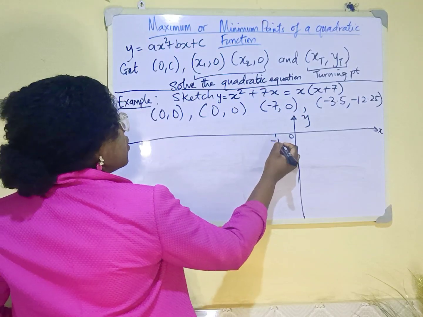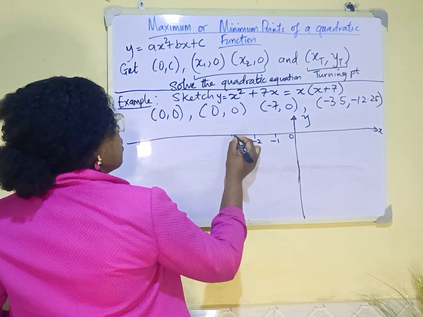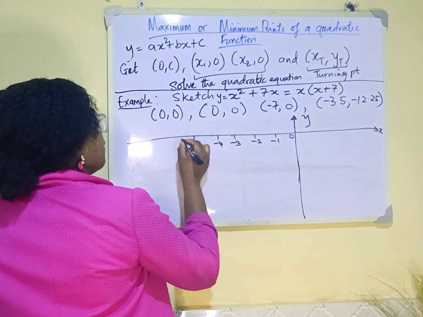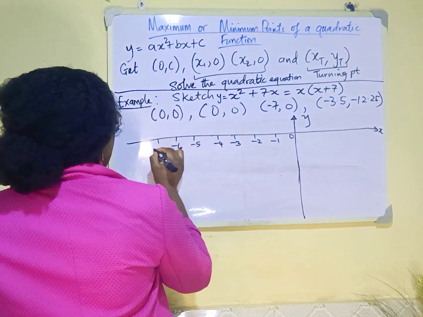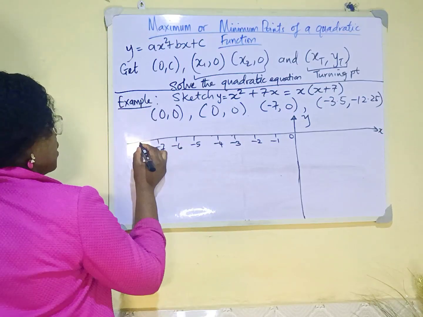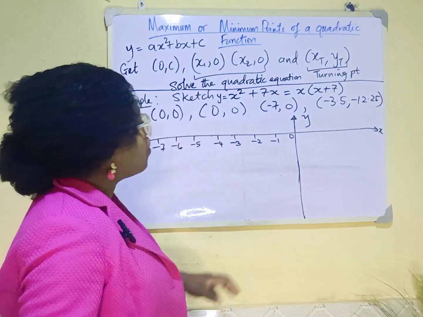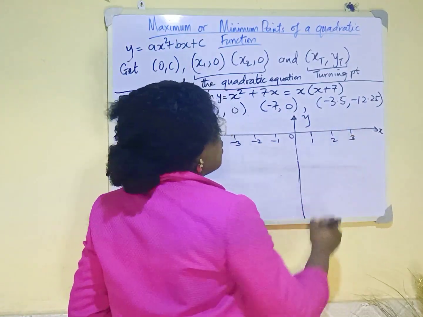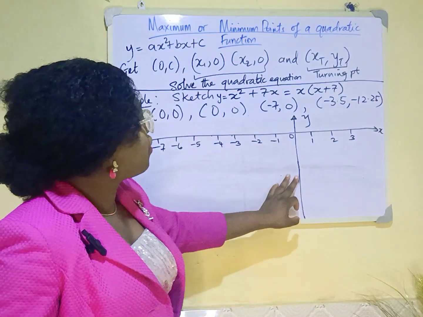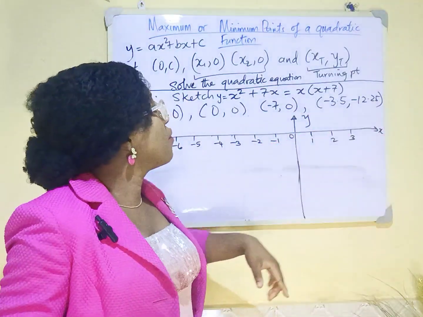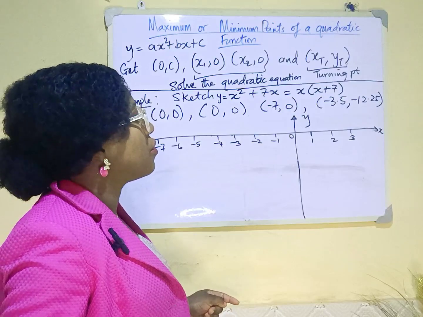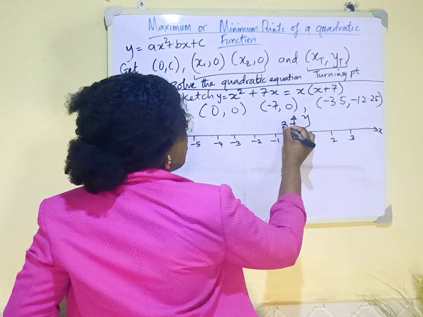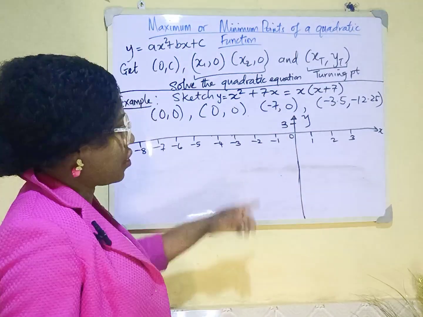We start minus 1, minus 2, minus 3, minus 4, minus 5, minus 6, minus 7. So let's take one more, minus 8. Then we can also write just a few here, 1, 2, 3. Now, my lowest value here is minus 12.25. So we may want to use a count of 3. So let's take this to be 3 because it's above the 0.